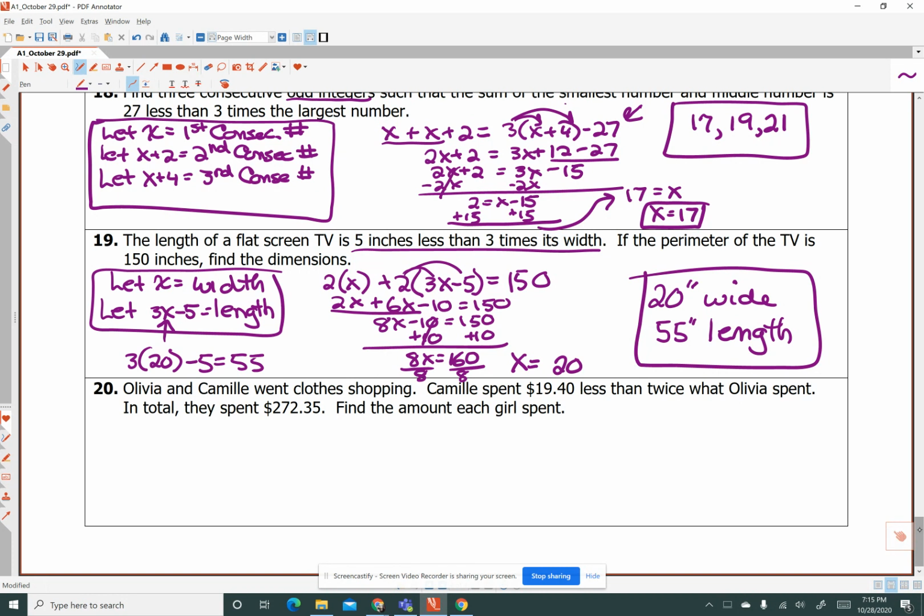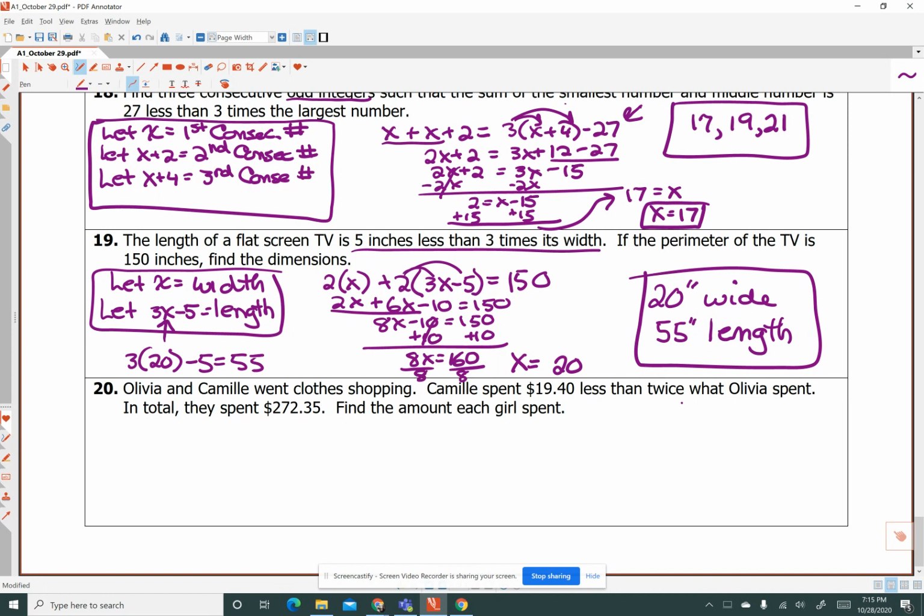And our last problem: Olivia and Camille went clothes shopping. Camille spent $19.40 less than twice what Olivia spent. In total, they spent $272.35. Find the amount that each girl spent.